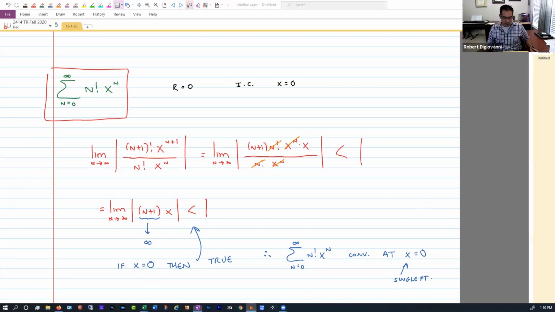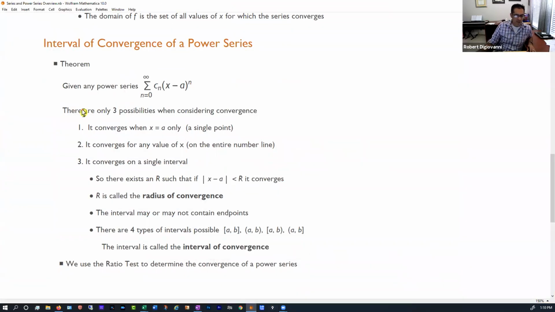So back with what I sent in the file, it says here that if you're given a power series, there are 3 possibilities. The first possibility is that it converges only when x equals a. That means you have to pick an x which makes this piece 0. If x is a, then this is a minus a, that's 0.